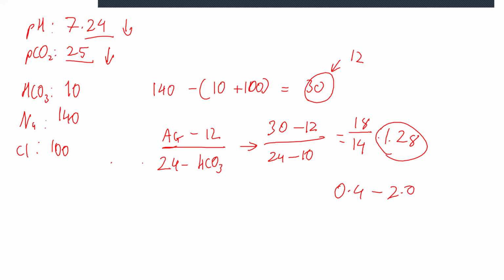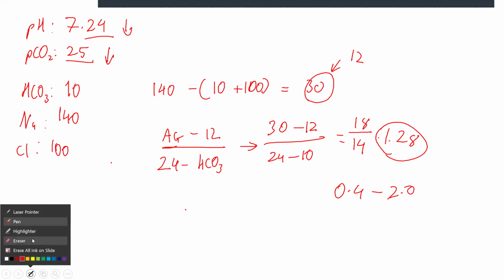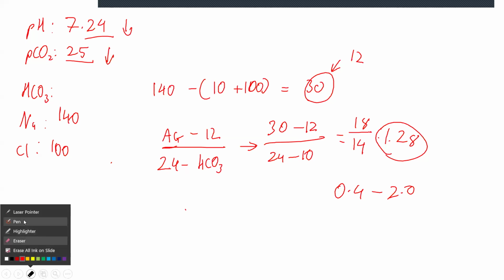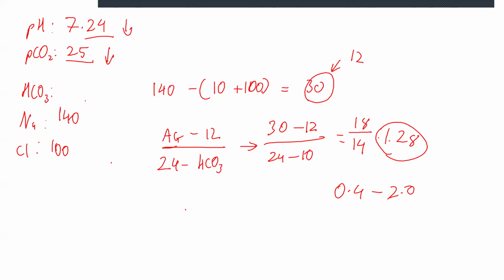Okay. Now, if we change up the case that we have just a little bit, okay. So, for example, let's just bump up the bicarb to 20. This will change. Wait, will it?